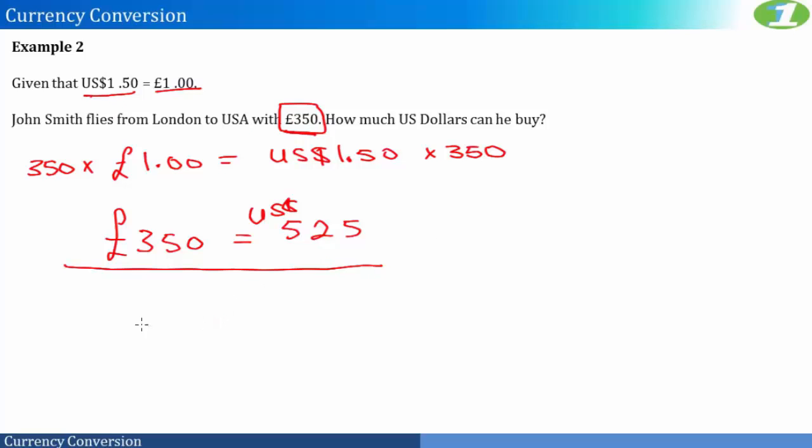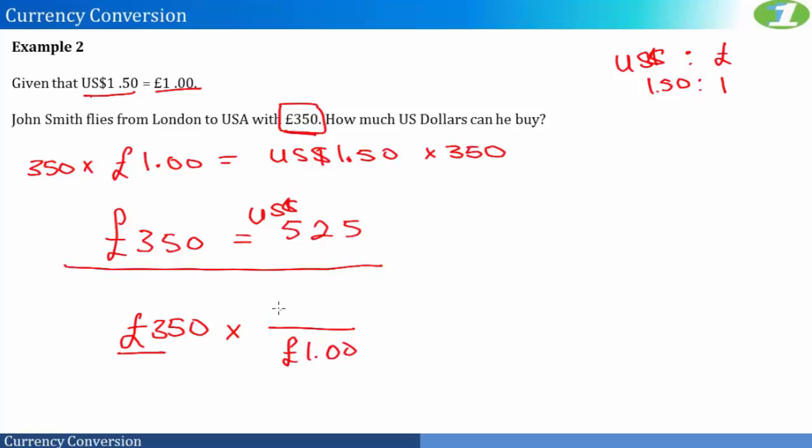Well, we could have actually used the chain rule to do this by saying, I need 350 pounds in terms of US dollars, so I need to get rid of the pound sign. Given that I know the ratio of US dollars to pounds is 1.50 to 1, I could use £1 to US $1.50.